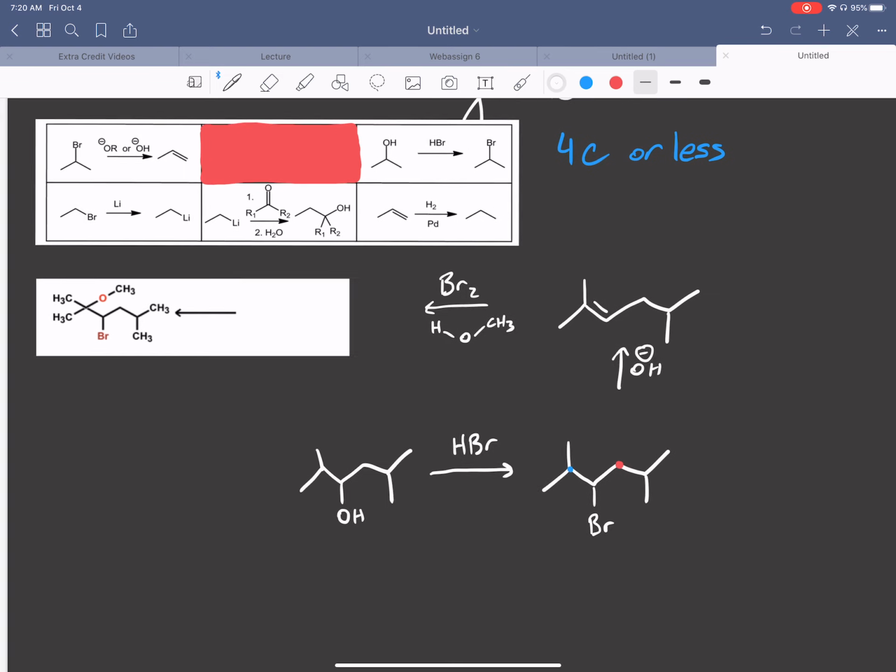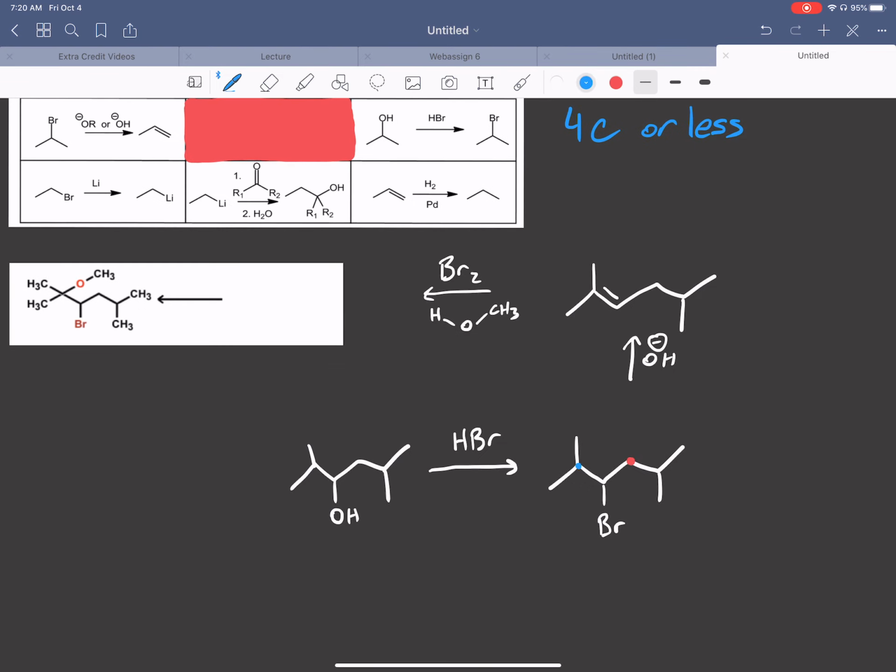Okay, now again, the easiest way to approach this is to look at the carbons connected to the carbon of the OH. Alright, so there's that one, and there's that one. And all you need to do is cut that bond, right? We just cut that bond right there, one of them.